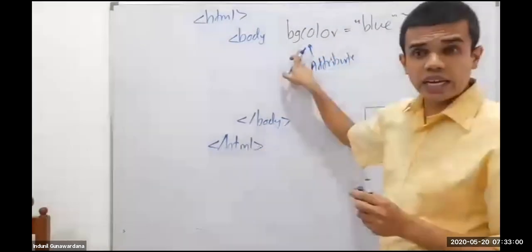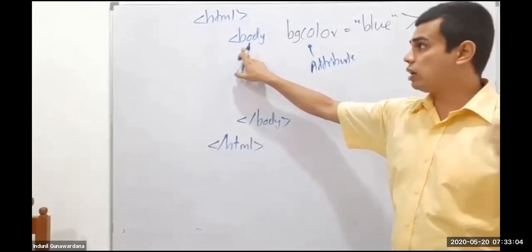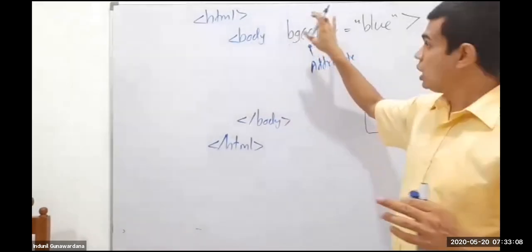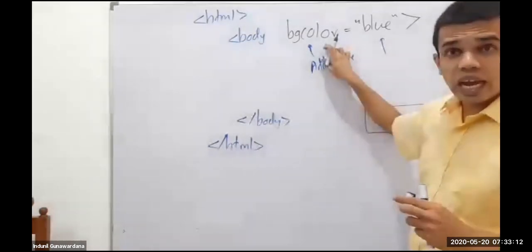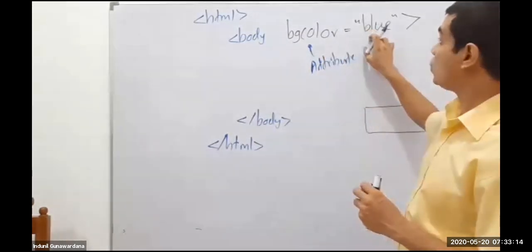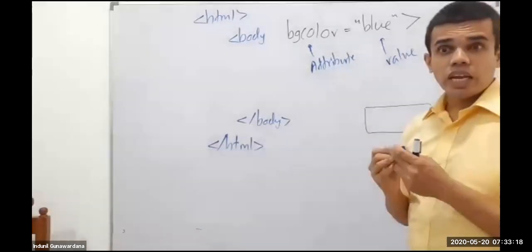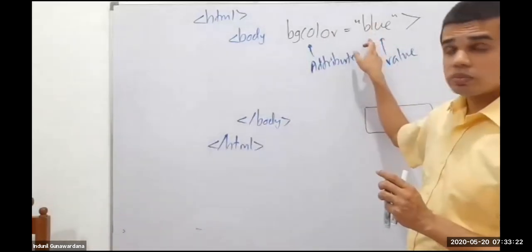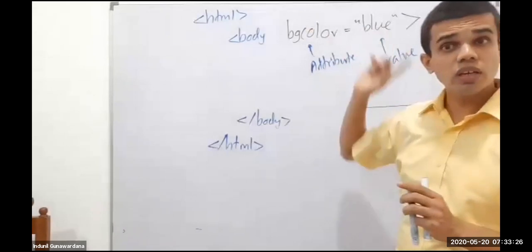And whenever you write an attribute at the opening tag, not only in body, even in our table tag and paragraph tag, we can include attributes. And whenever you have an attribute, that attribute must be equal to a value. Every attribute has to be assigned a value. Without this, it's not working. Definitely the attribute has to be assigned a value.